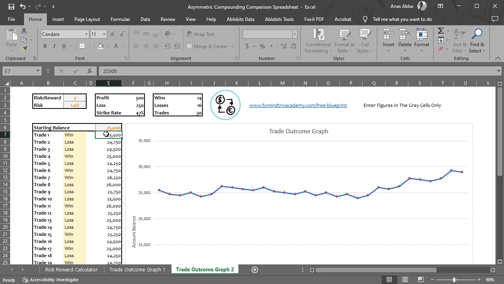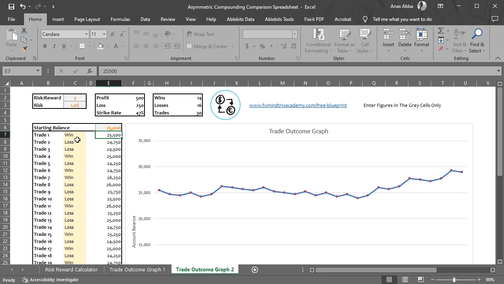But now since you've made $500, on the next trade you're going to take, you're actually not going to be risking $250 because your previous trade was a winning trade. So in this regard, you're going to be risking your winnings, which is $500, plus the $250 which you risk on every trade you take, which is 1% of this account's starting balance.